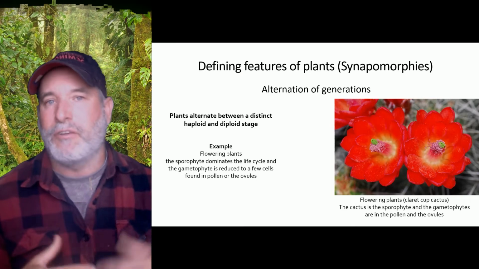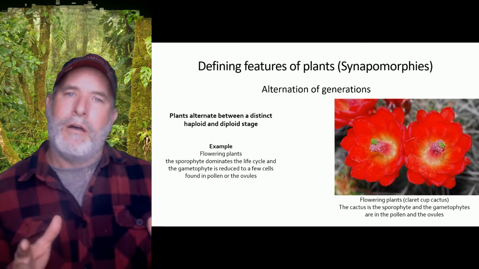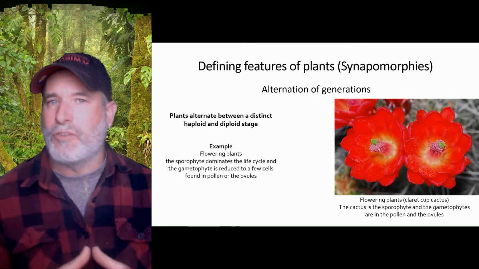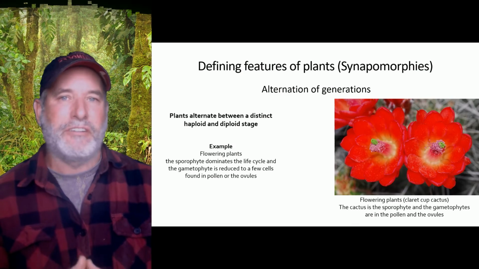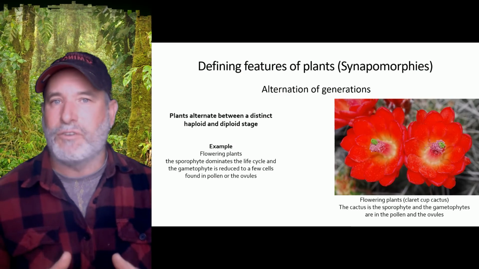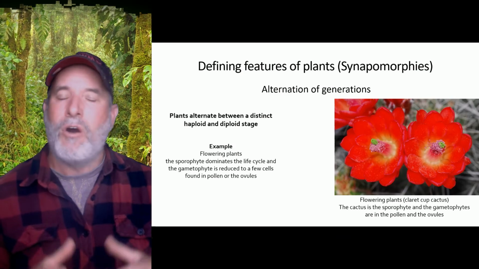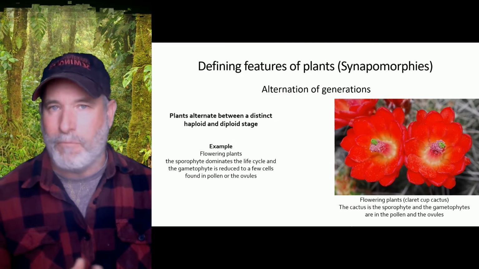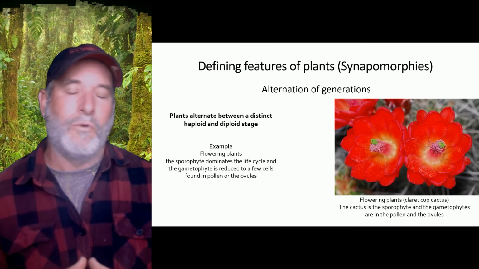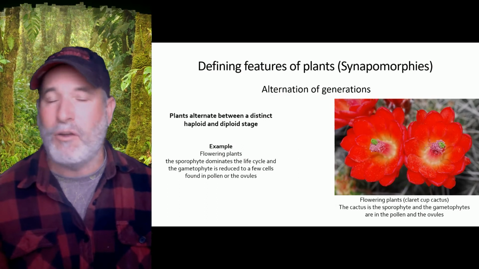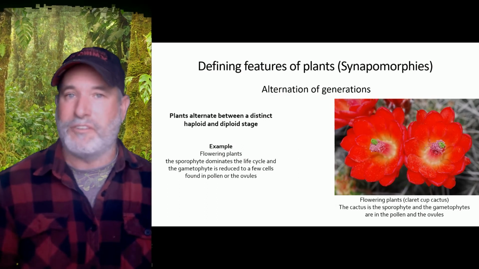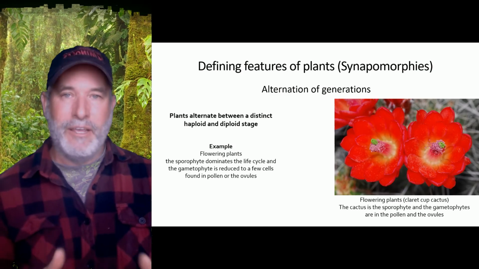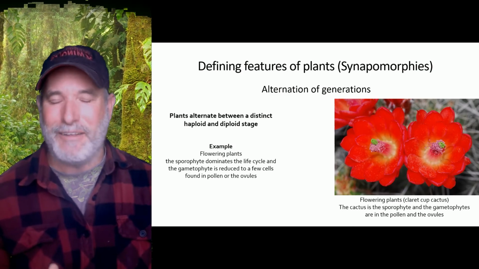By the time we get to flowering plants that showed up back in the Cretaceous over 130 million years ago, the gametophytes have been reduced to just several cells inside the pollen or inside the ovules of the flower. So they're greatly reduced. And whenever you're looking at a flowering plant or a tree, you now see the sporophyte, which is enormous and lasts a long time. And the gametophyte is actually what's tiny.